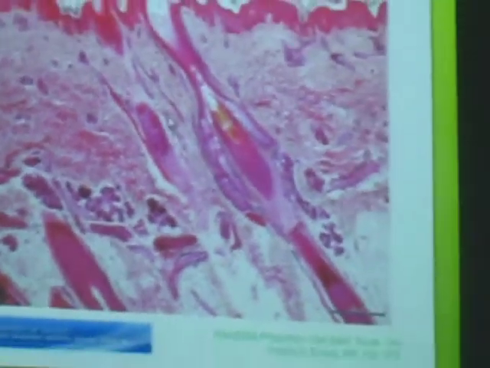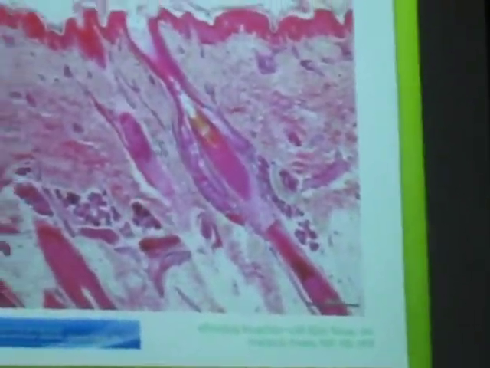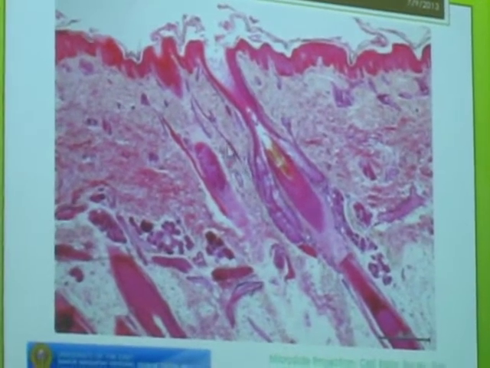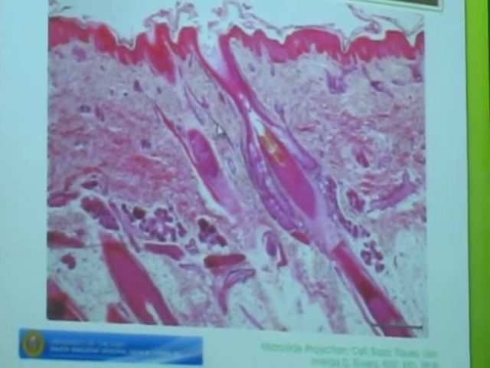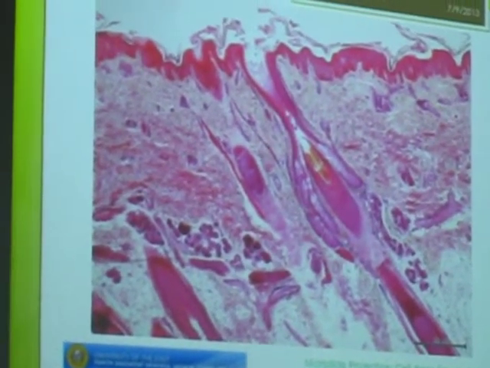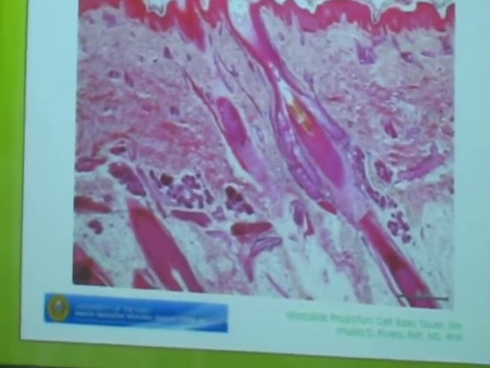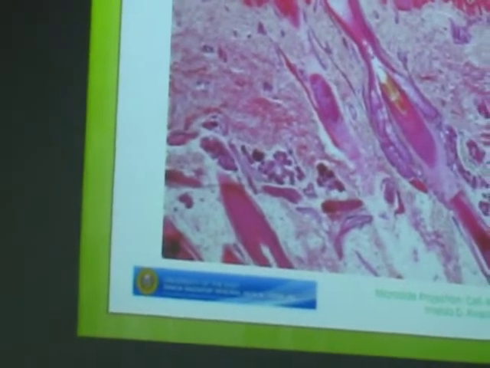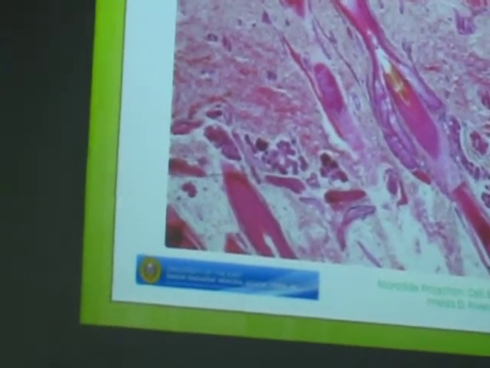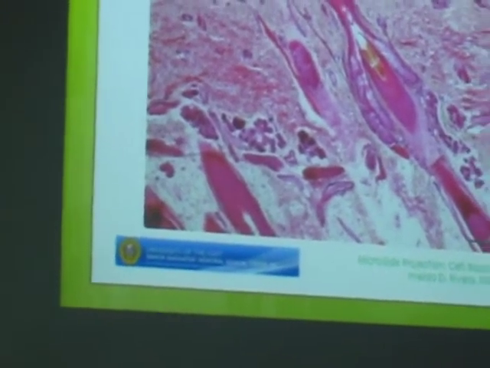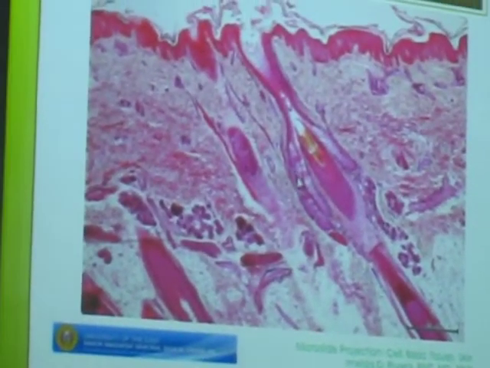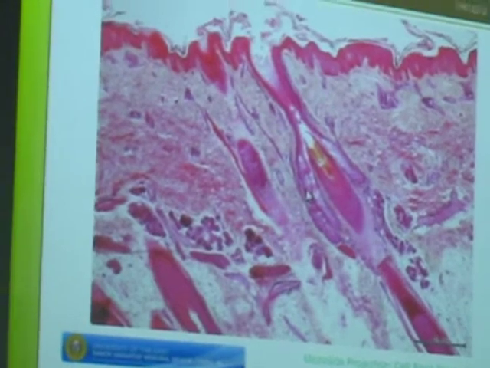This is your erector pili. This is a muscle. What type of muscle? Smooth muscle. You should consider always your spelling to be correct. Erector pili muscle. Just one change, one letter, it's wrong.